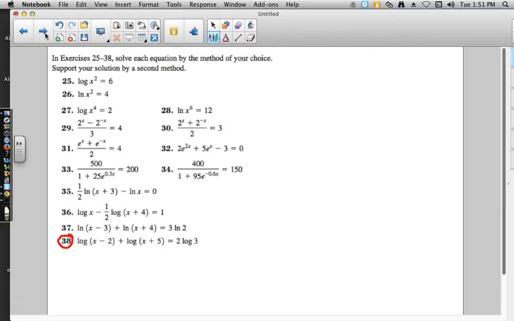Number 38, we are in the same section still. And I look at this and I think, okay, with this one, if I can get log on one side and log on the other side, then I can drop that common logarithm. So what I have to do is I have to condense, and I have to figure out when it is that I can drop these pieces.